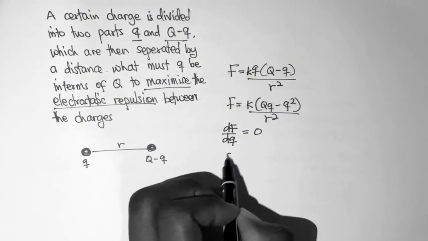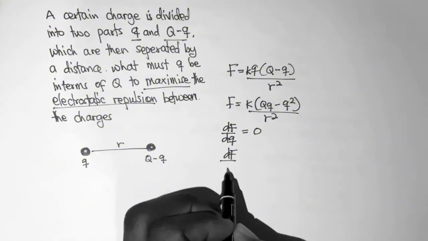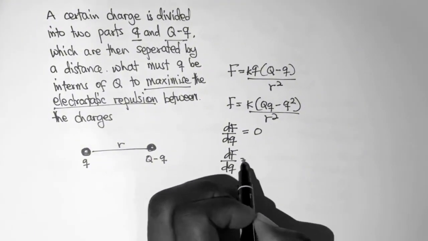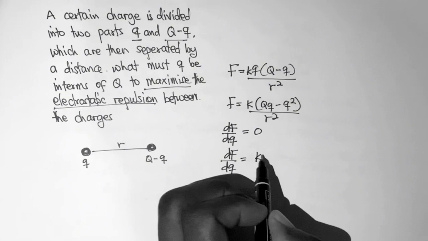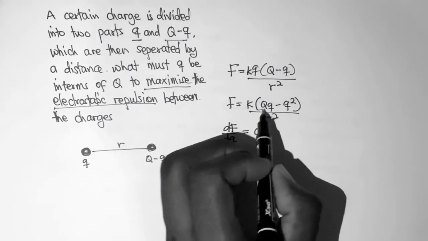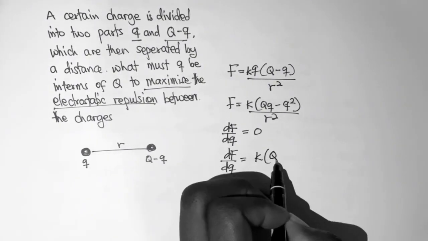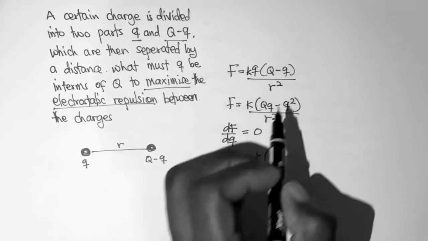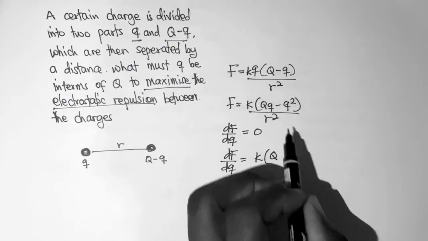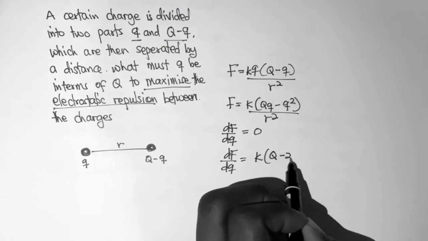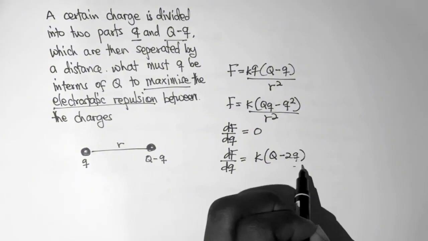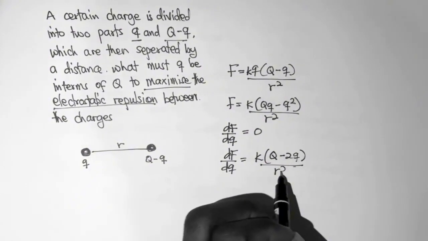So let's find dF/dq. That is equal to k times, if you differentiate this with reference to small q, you get capital Q, and if you differentiate q squared with reference to small q, you get minus 2q, all divided by r squared.